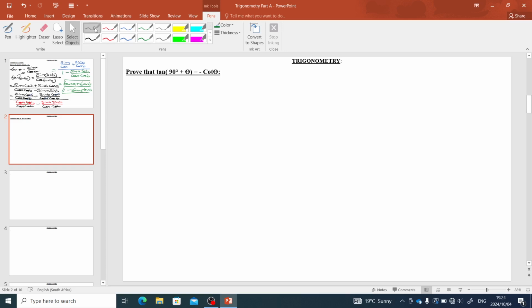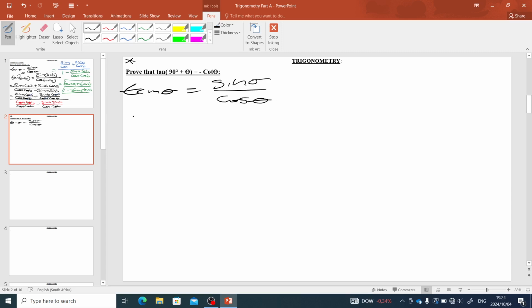We are given an equation here. They want us to prove that tan(90 + theta) equals minus cot theta. It's not a problem. We know that tan theta can be expressed as sine theta divided by cos theta.